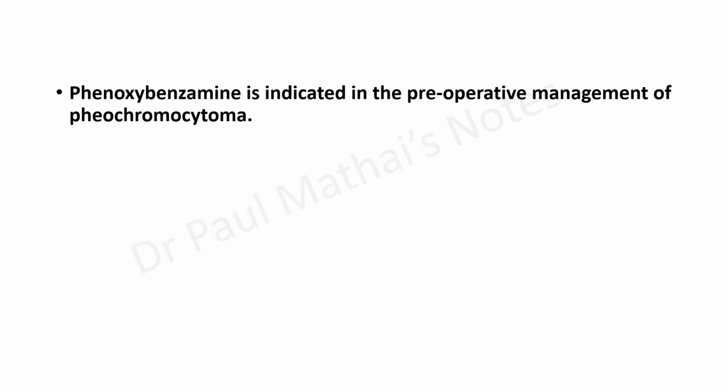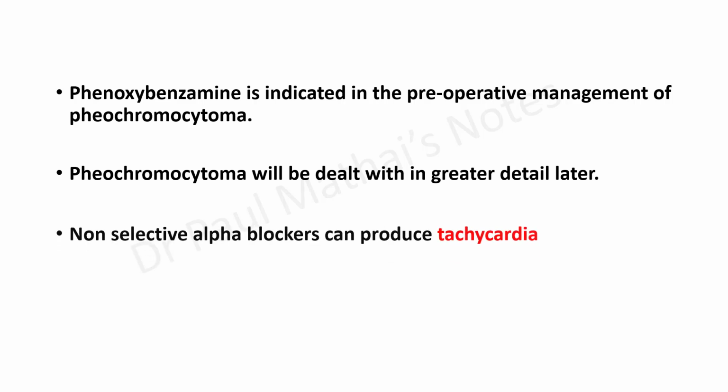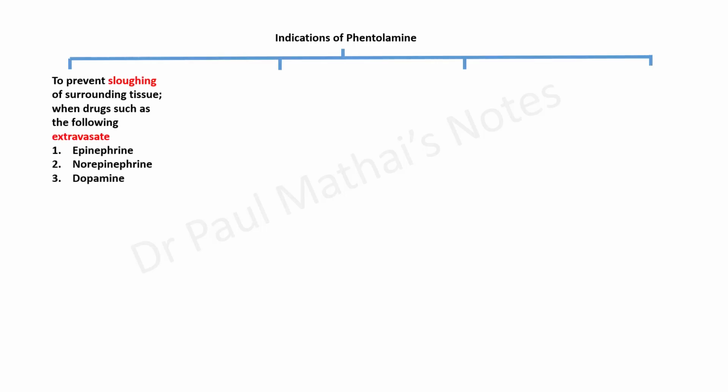Now, regarding phenoxybenzamine, this is indicated in the preoperative management of pheochromocytoma, which we will deal with in a separate video. Non-selective alpha blockers like phenoxybenzamine and even phentolamine can produce reflex tachycardia. Phentolamine has got some curious indications.